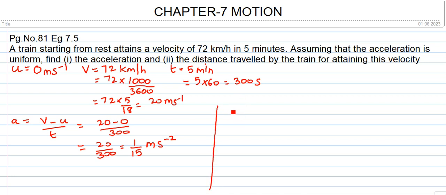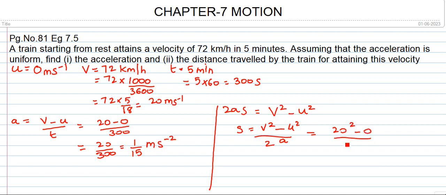So the next thing we have to find out is the distance travelled. To find this, we have the formula 2as is equal to v square minus u square. So from here we have to find s, which is v square minus u square by 2a. So v square is 20 square minus 0 by 2 into 1 by 15, which we just found out.